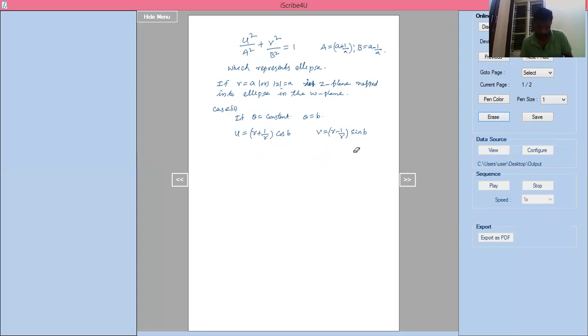In this step I will write u divided by cos b equal to r plus 1 by r, and v divided by sin b equal to r minus 1 by r. Now we'll square it on both sides.